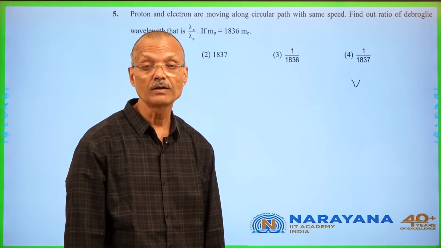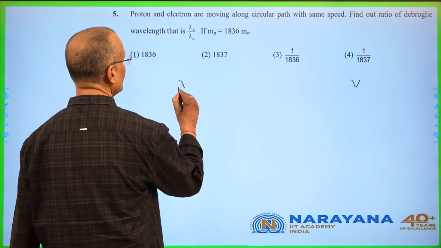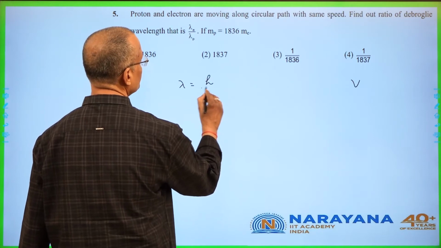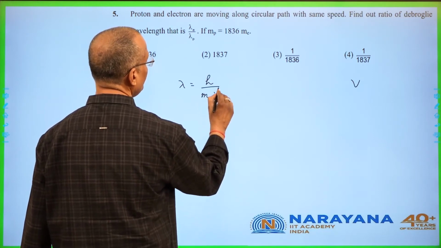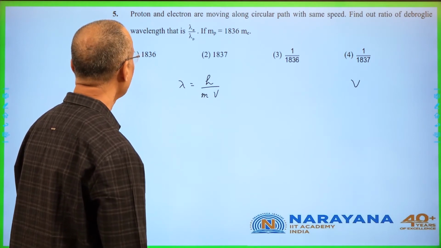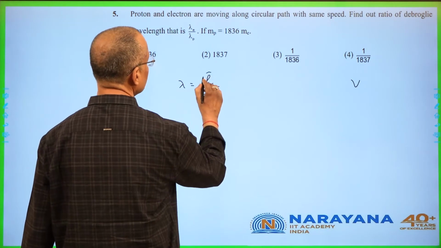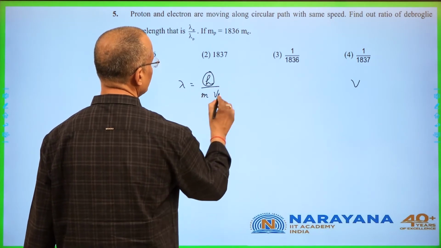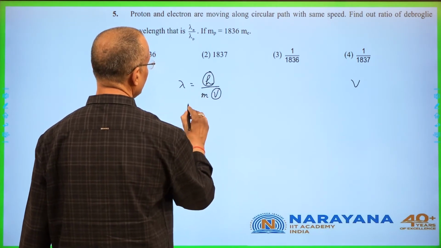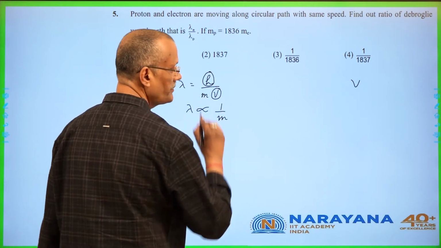If you remember the expression for de Broglie wavelength, lambda equals h by mv. Now, for the ratio of de Broglie wavelength, here h is constant and v is the same, so lambda is proportional to 1 by m.